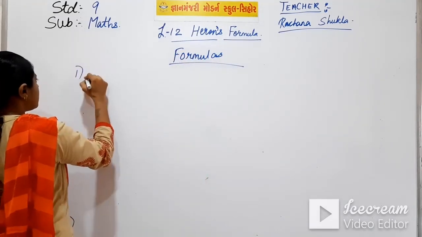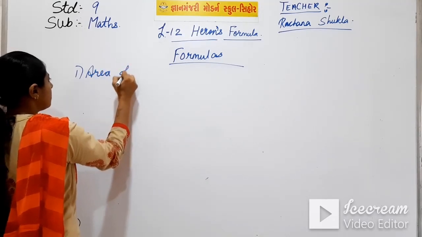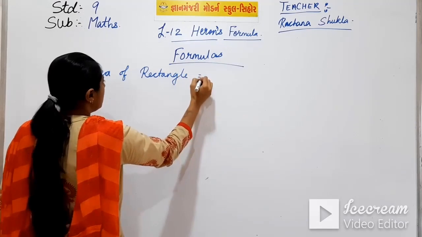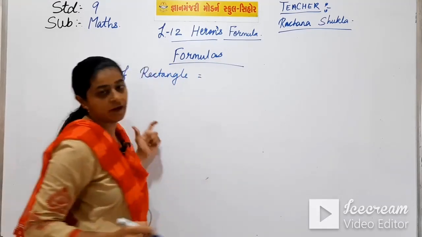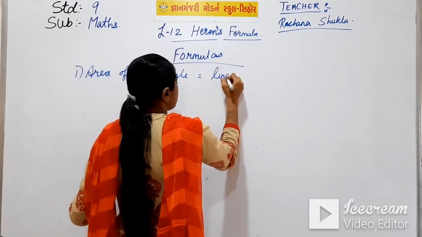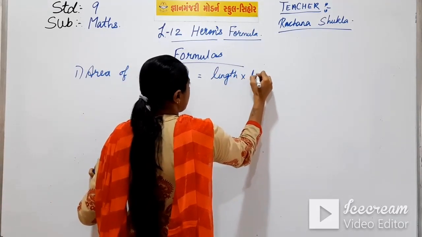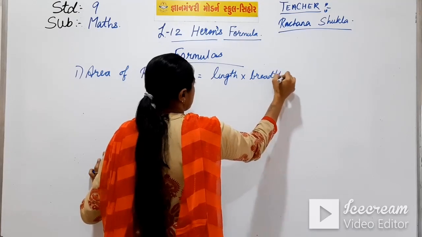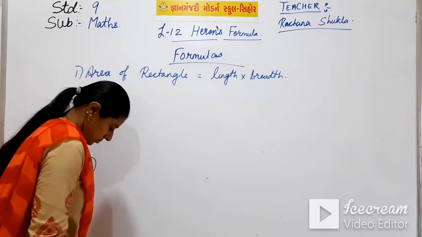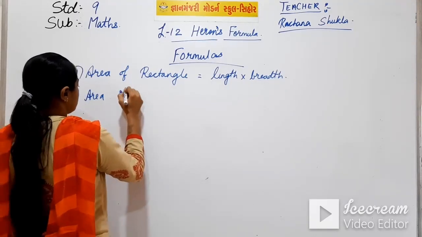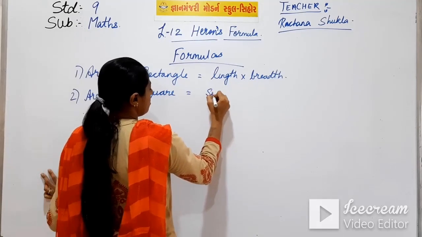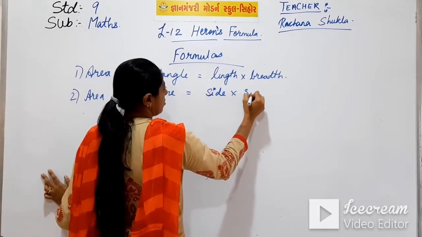The first one is area of rectangle. To find out the area of rectangle, the formula is length into breadth. Then area of square is equal to side into side.